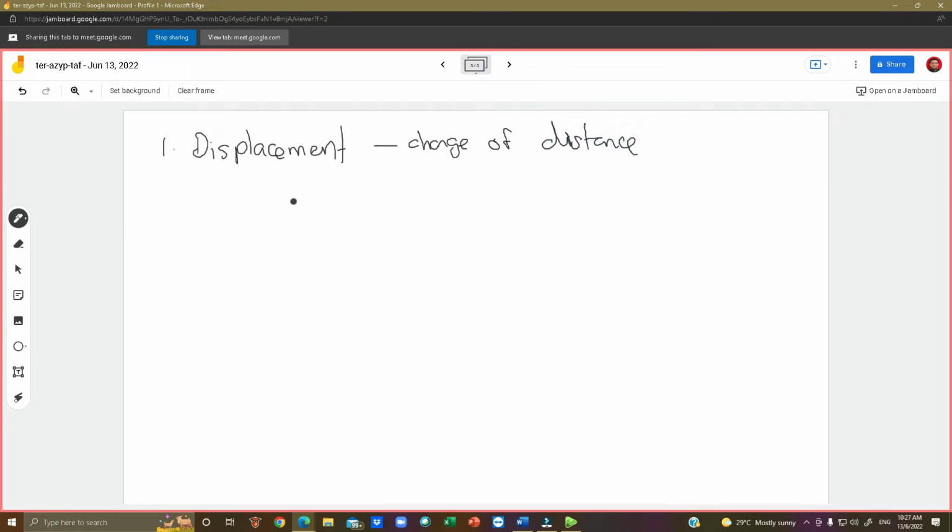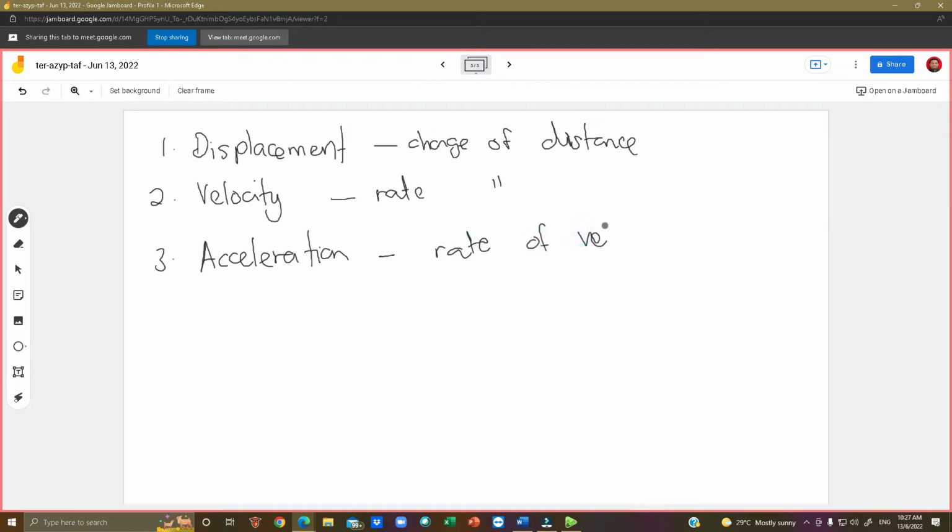Ni yang pertama. Two is velocity, where we talk about rate change of distance. And the last one is acceleration, where we talk about the rate of velocity change.